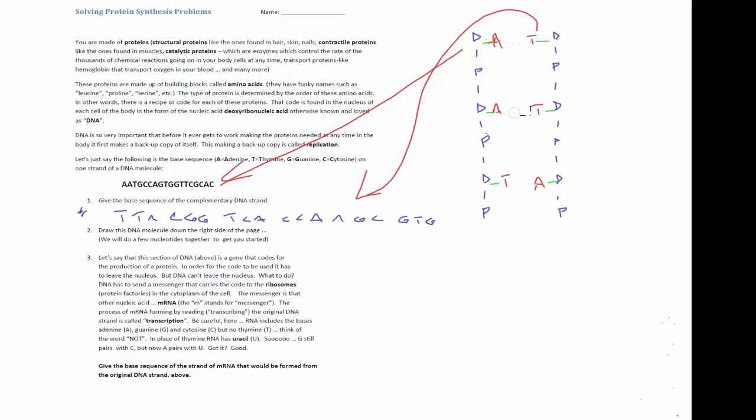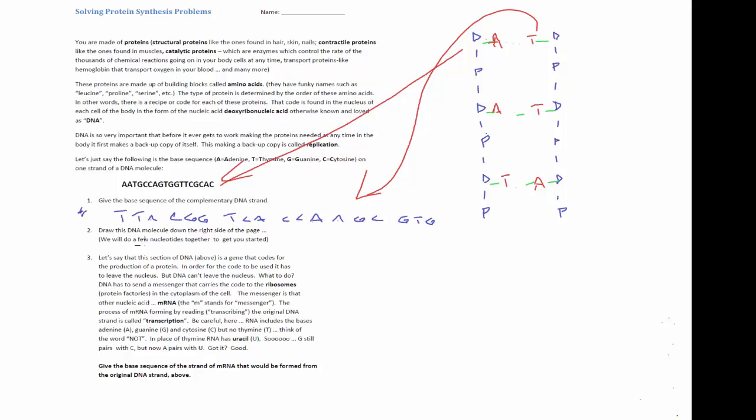That basically will take care of it. Maybe you should try to do about another 3 rungs of the ladder. But notice the base pairing, A with T, A with T, T with A.